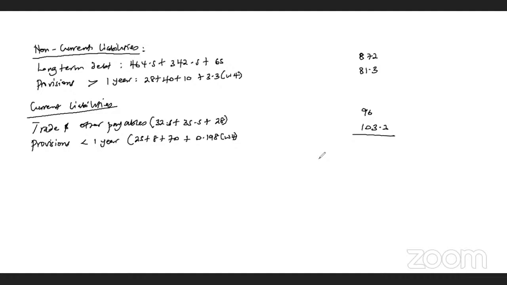We get 96 plus 103.2. This gives us 199.2. That is total current liabilities.